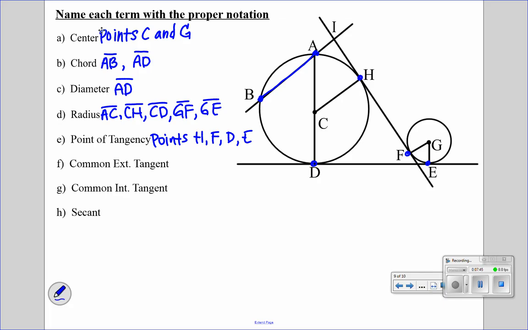We have a common external tangent, which would be line DE. A common internal tangent would be line IF. And a secant, which has to go all the way through, I would name line BI.